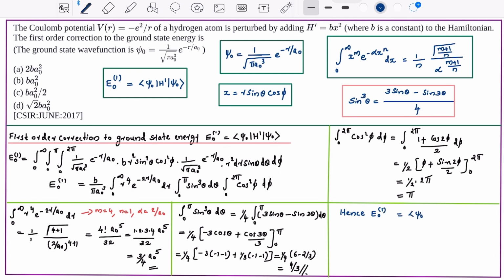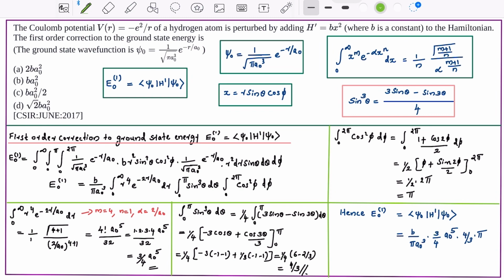Hence E01, the first order correction to the ground state energy, that is <psi 0|H'|psi 0>, is equal to B by pi a0 cube, the constant term outside, into 3 by 4 a0 raised to 5 into 4 by 3 into pi.